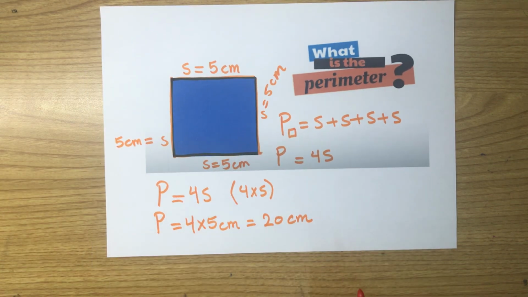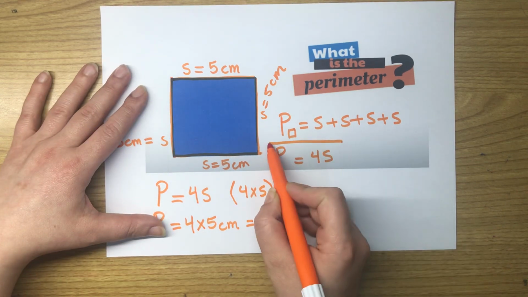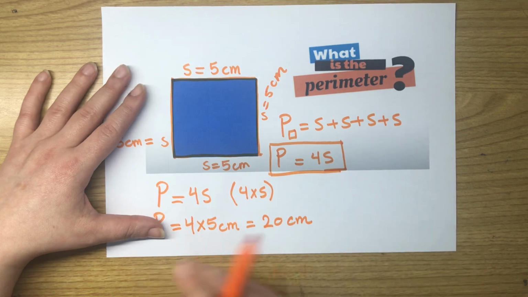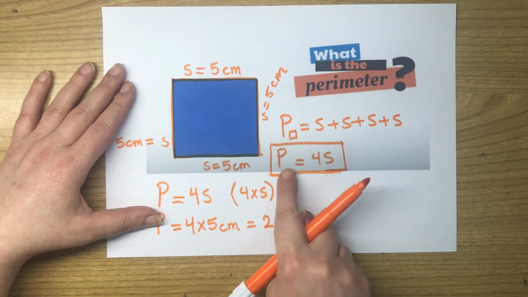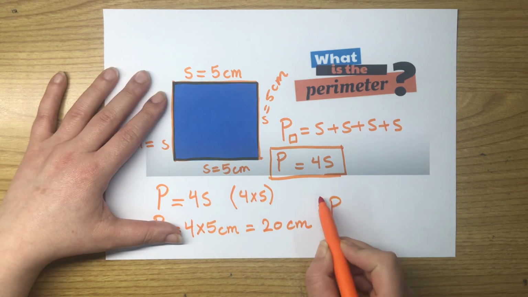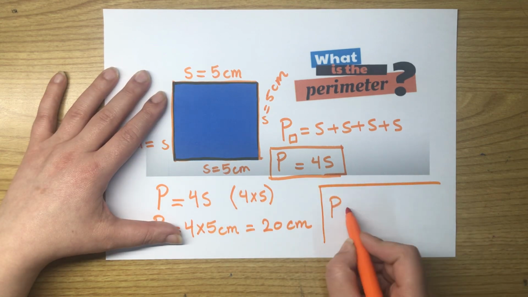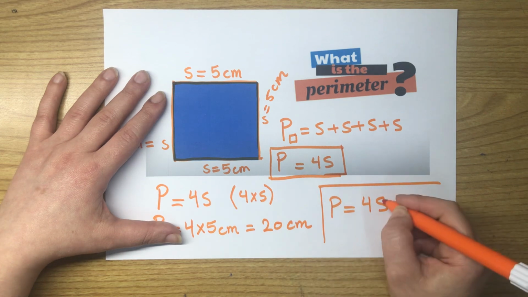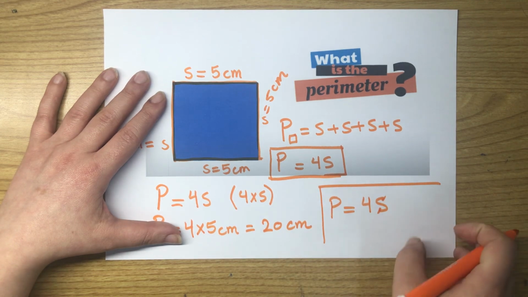Okay, guys? Easy. Remember the formula for the perimeter of the square equals 4S. Okay, guys, this is S, so you won't mix it up with 5.